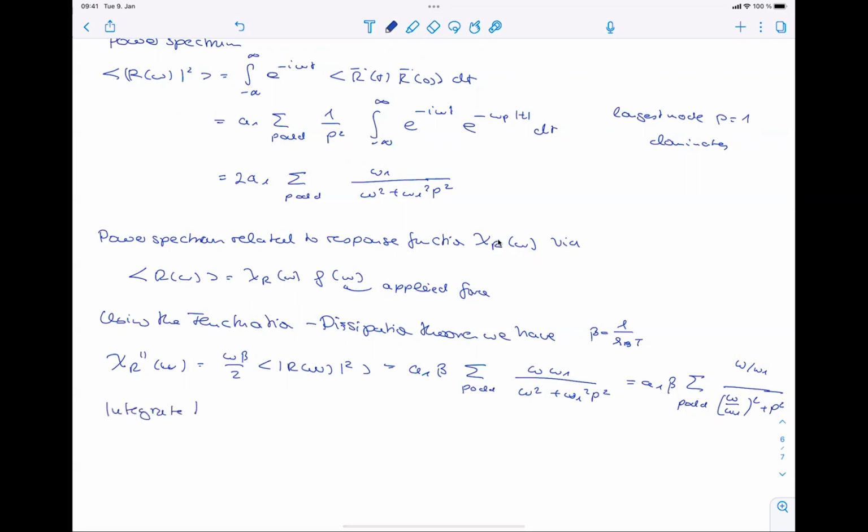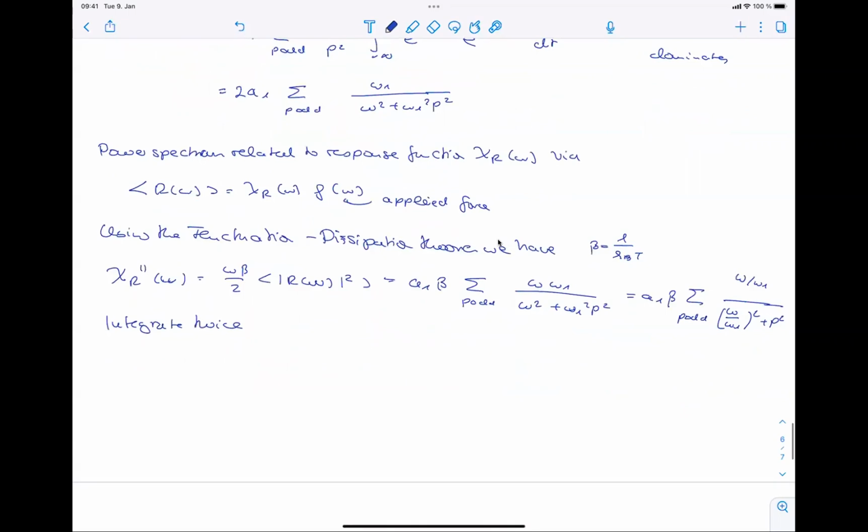So if we integrate twice, we first of all get x prime of r omega is A1 beta 1 over p squared plus omega 1 squared. And then for a second integral, that's not so fun because we have to invoke the residues of this integral.